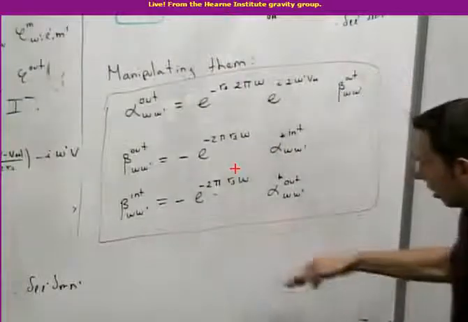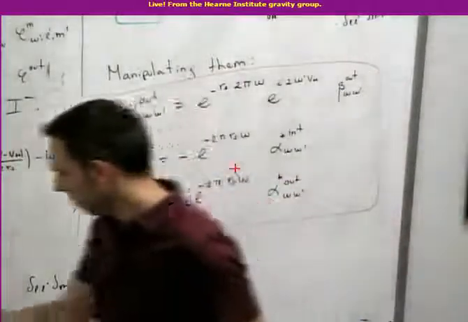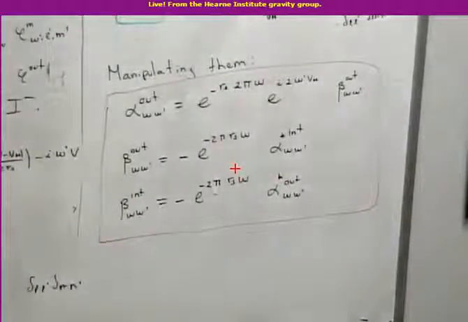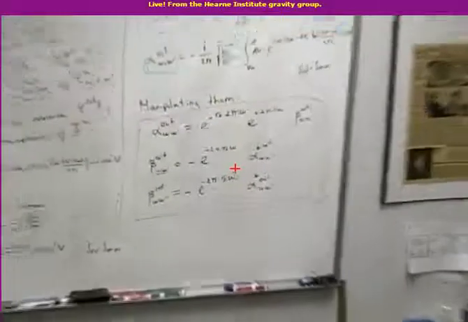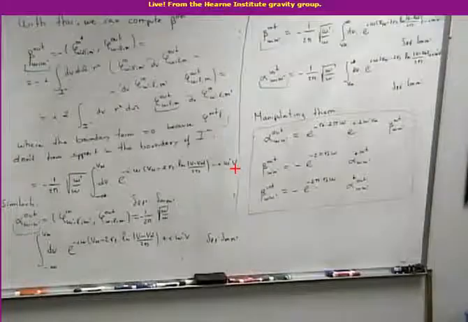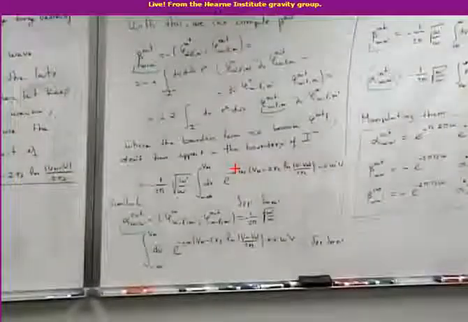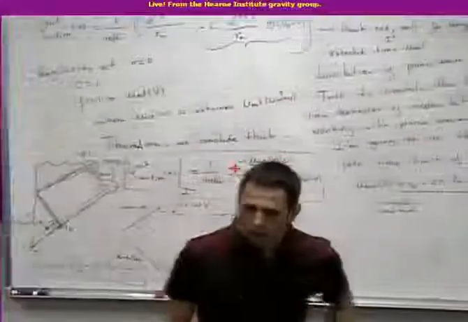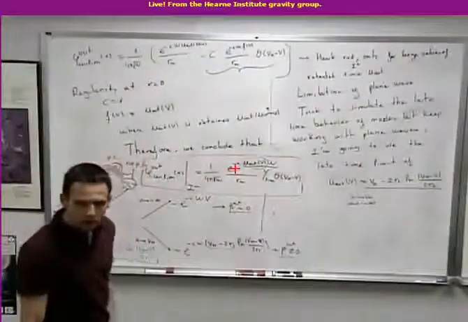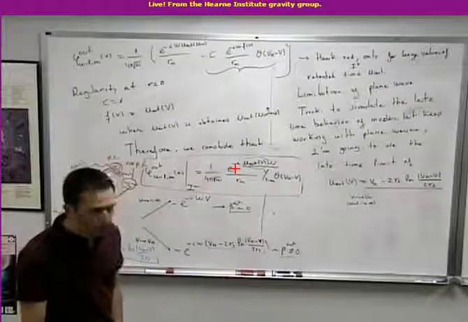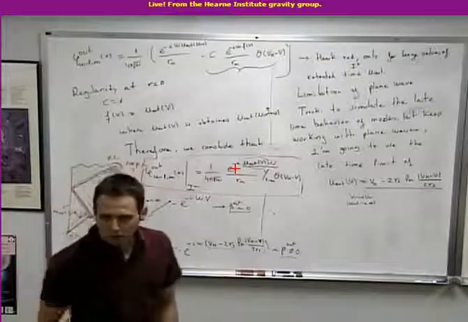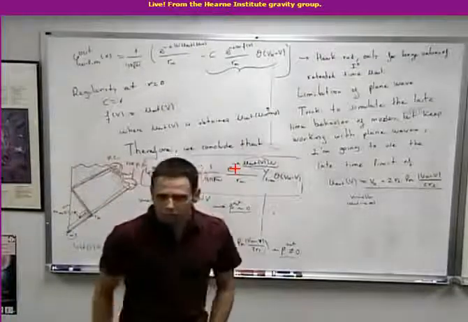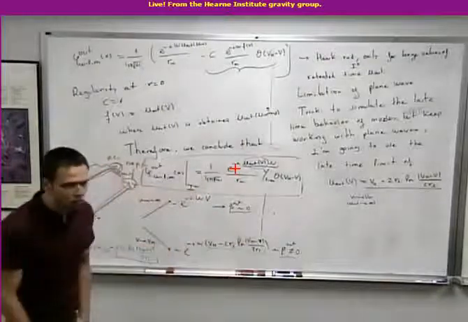And I want to close the section here. Just to tell you that if you go to your notes of chapter 5, the Unruh effect, you will find the same relations, replacing the Minkowski modes by the in modes, the right Rindler modes by the out modes, and the left Rindler modes by the in modes, and replacing the acceleration of the observer by the Schwarzschild radius of the black hole, or 2 times the Schwarzschild radius.